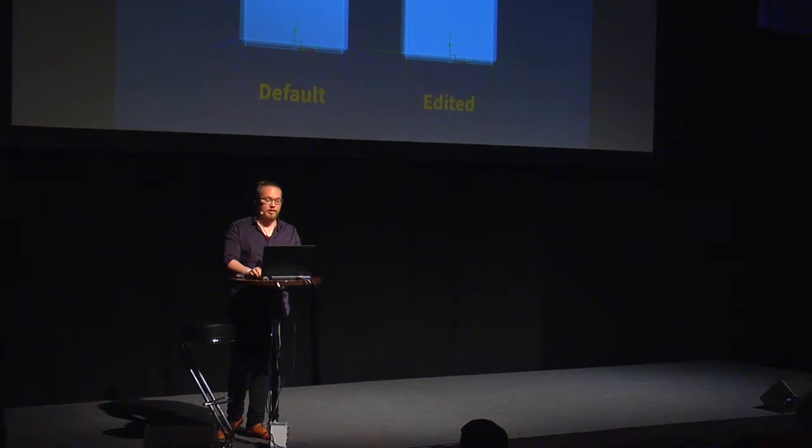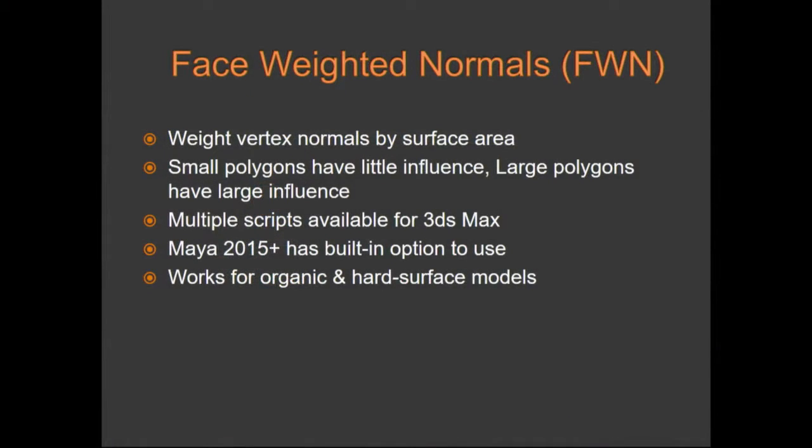And now that we know that, all right, we can do something like this, face weighting steps in. So what face weighting does is that it gives each polygon a weight depending on the surface area it has. So in all, small polygons have little influence on the vertex normals, and large polygons have a large influence on the direction the vertex normals go.